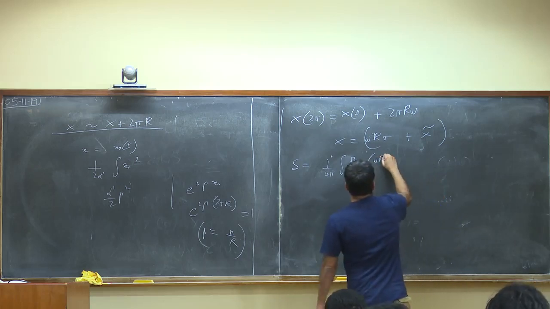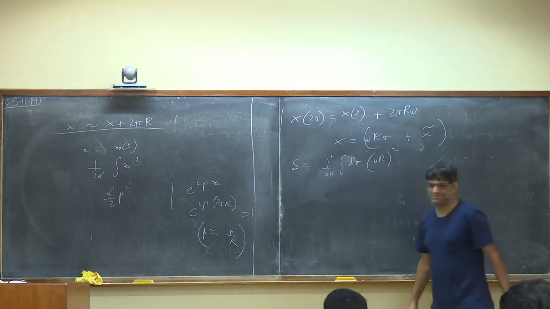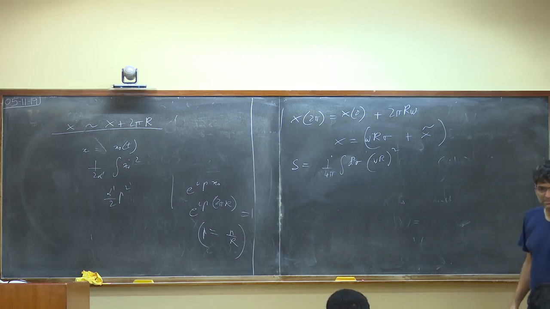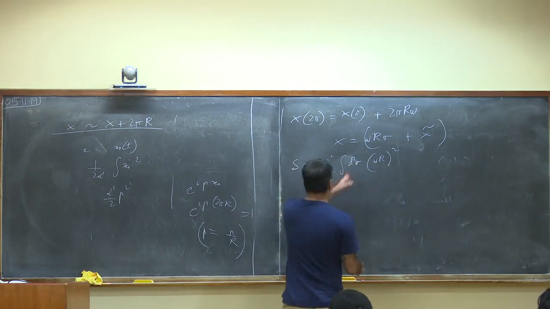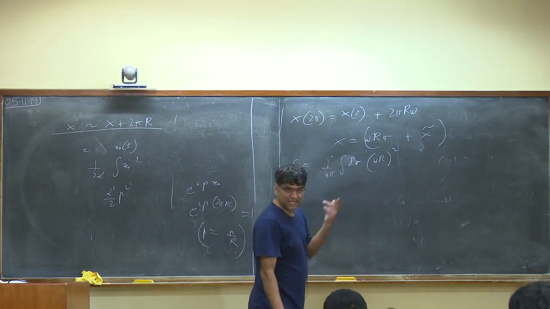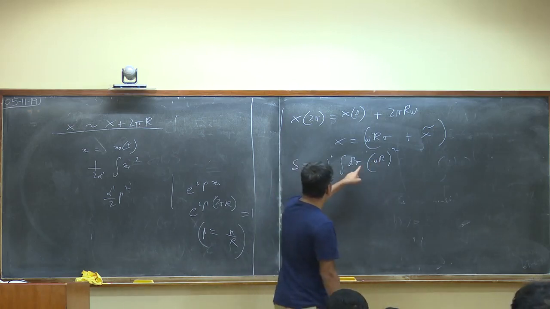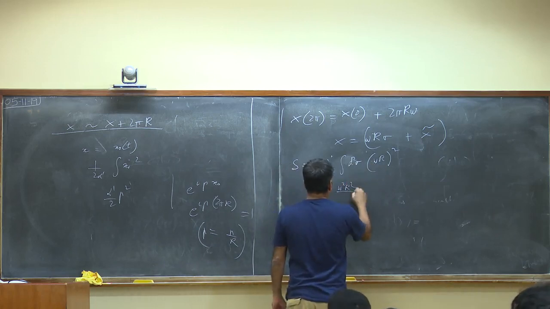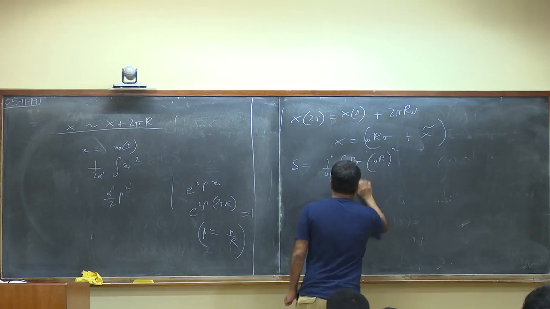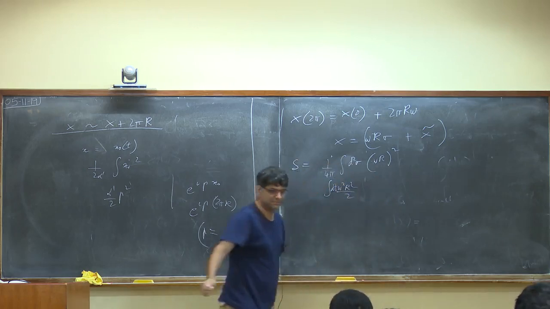So it's W squared R squared, because just the x prime squared. So the integral over sigma gives 2 pi. So we get W squared R squared by 2, integral dt d tau.